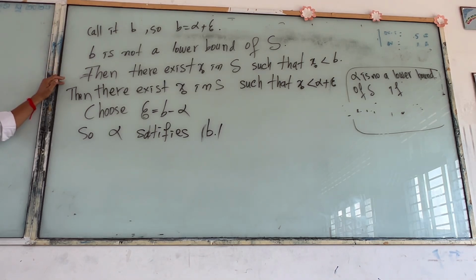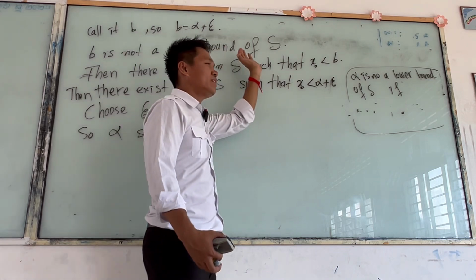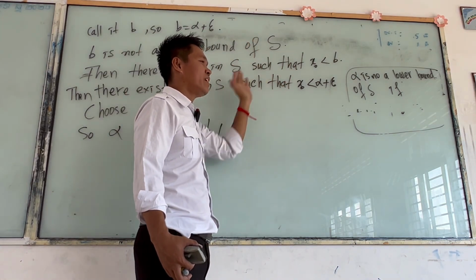A: x greater than or equal to alpha for all x in S. B: if epsilon is greater than 0, then there exists x0 in S such that x0 less than alpha plus epsilon.